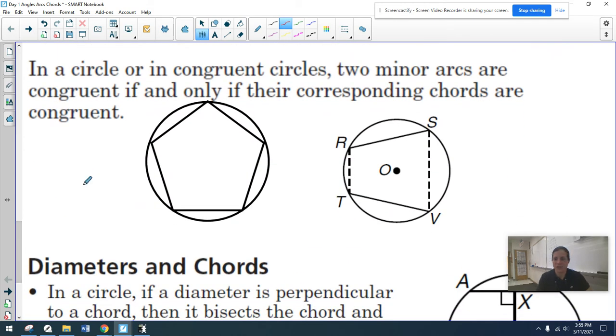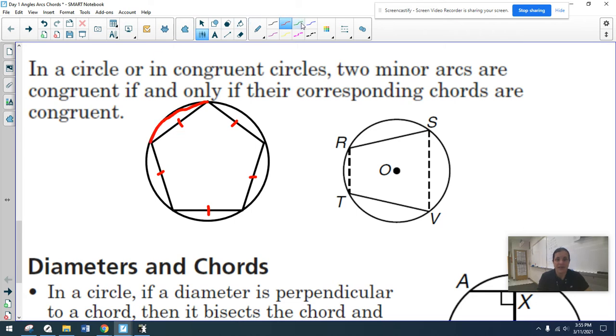Okay, two more chunks of info. In a circle or congruent circles, two minor arcs are congruent if their corresponding chords are congruent. So here's what it's saying. For example, right here, if they told me this was regular, like this, then that would mean their corresponding arcs are congruent. So the arc that goes along with this chord is this one right here. It goes from the starting to the stopping point.